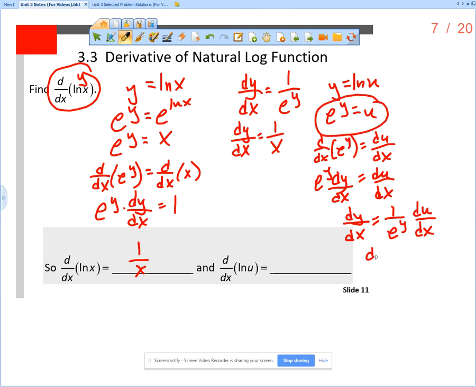So dy/dx would be equal to 1 over u times du/dx. Notice we're just applying the chain rule. So the derivative with respect to x of the natural log of u is 1 over u times du/dx.